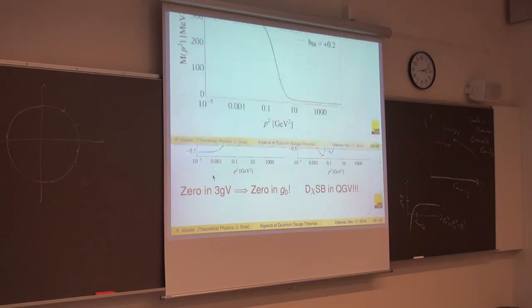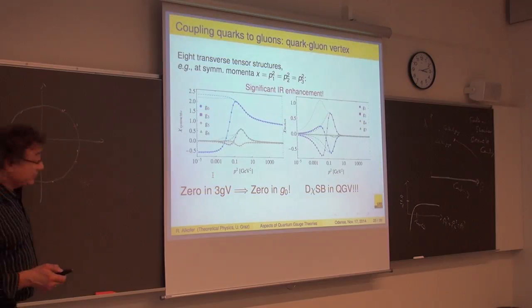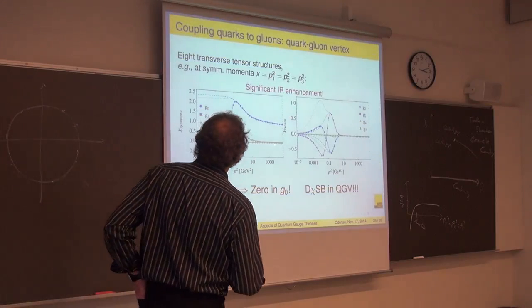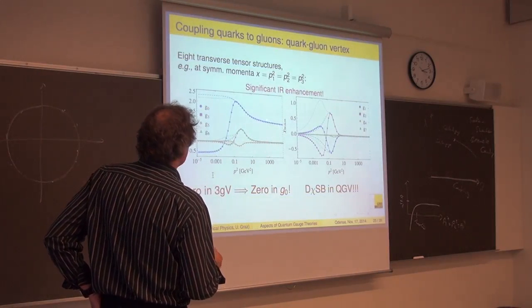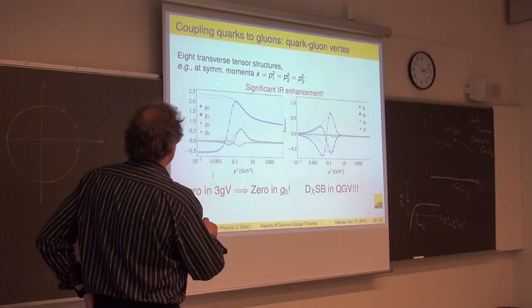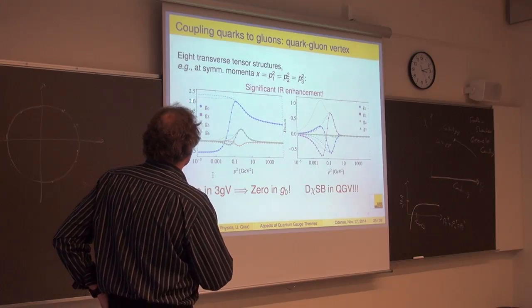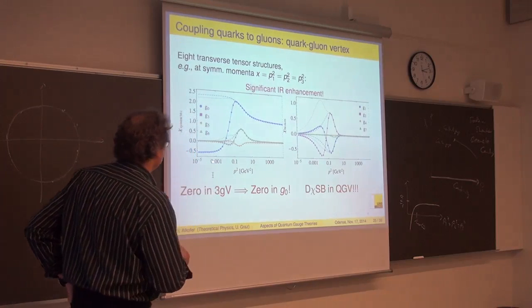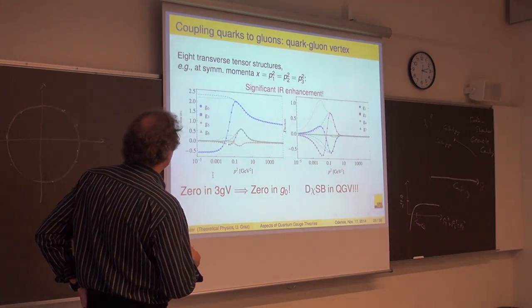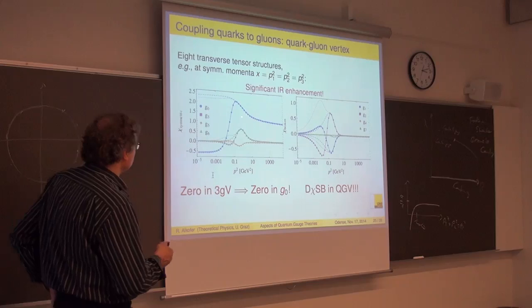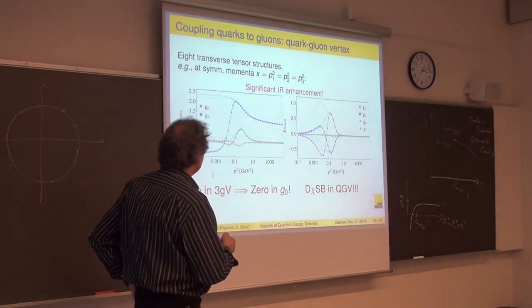Yeah? And this is how the different tensor structures look like. And you see something interesting. First of all, we have 4 transverse structures which are chiral symmetric. So this is, so to say, in agreement with chiral symmetry. Such things can also be there if chiral symmetry is respected.